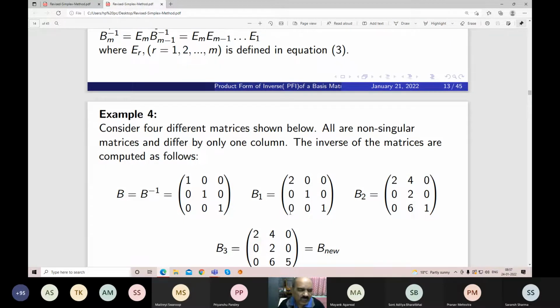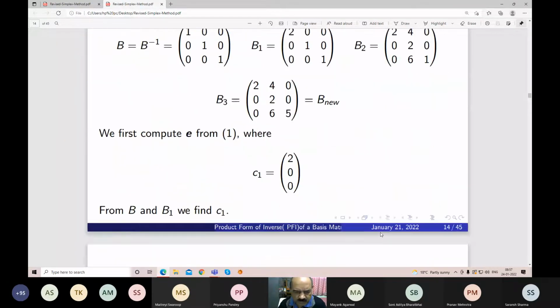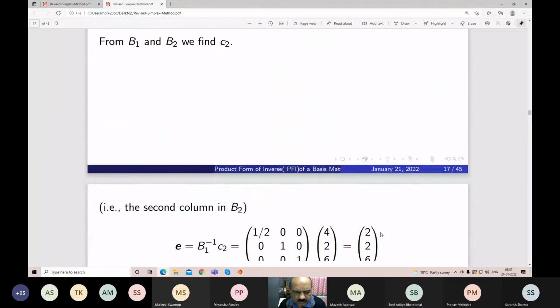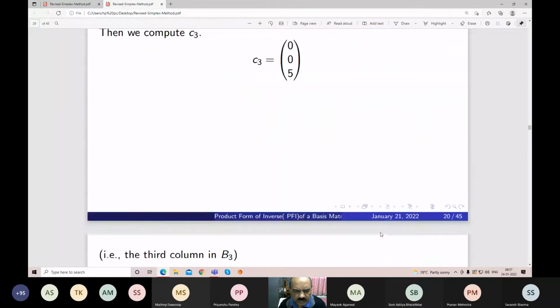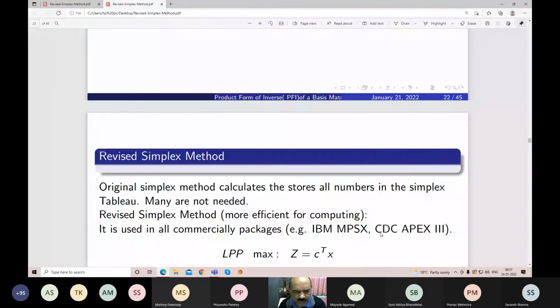It is not necessary that you will compute the inverse by changing 3 columns. It may happen that after changing one column, we find the optimal solution. No harm. Maybe after changing 2 columns, we can find the optimal solution. It depends on the problem. So we'll discuss some problems, and first we'll discuss the revised simplex method. If any doubt, you can ask me here. I will explain.